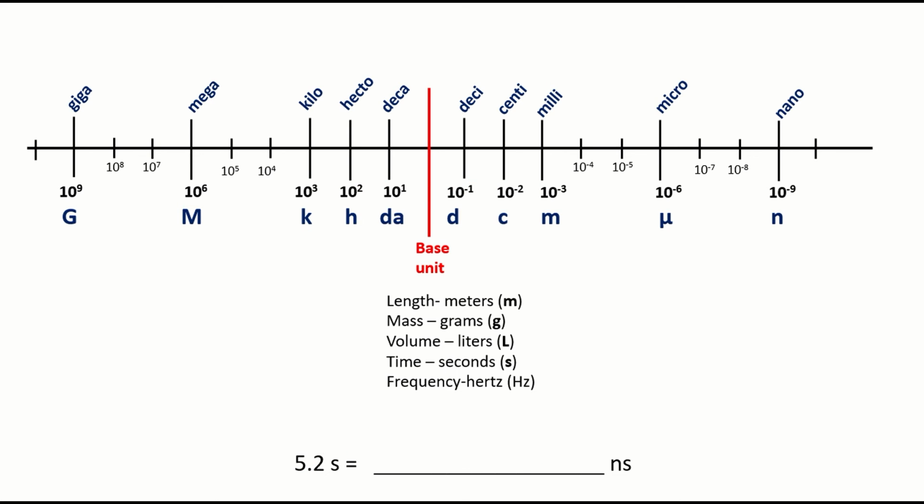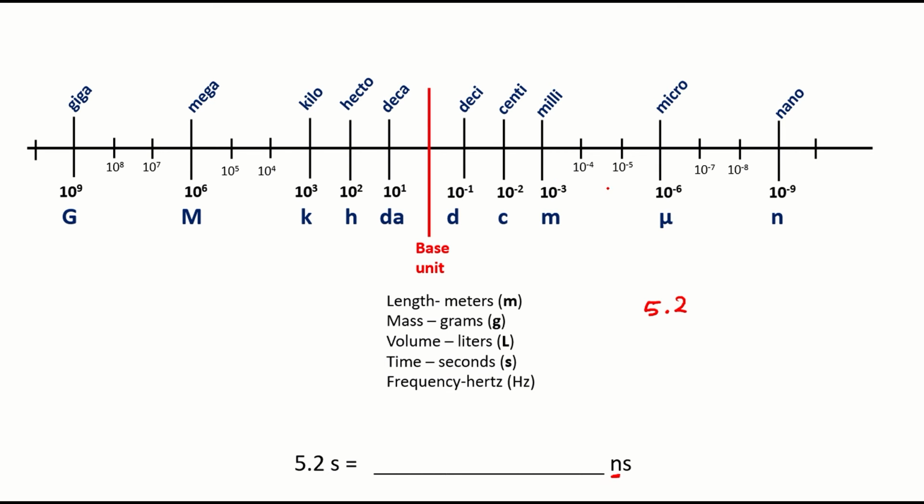Another example. We have 5.2 and look what unit we have. Is it just the base unit standing alone, or is it with the prefix? It's a base unit standing alone, the seconds. And you have to convert it into nanoseconds.